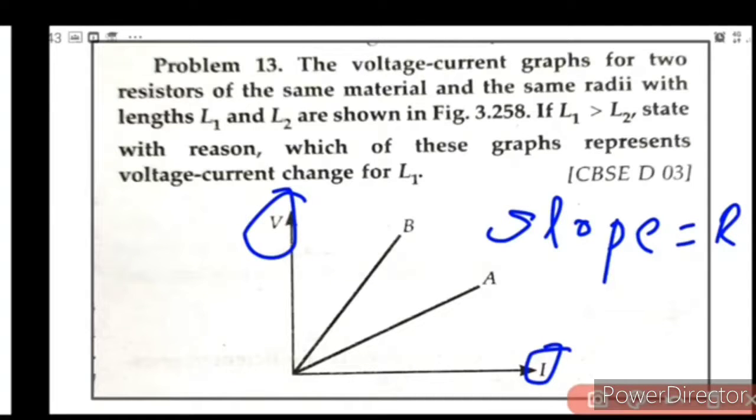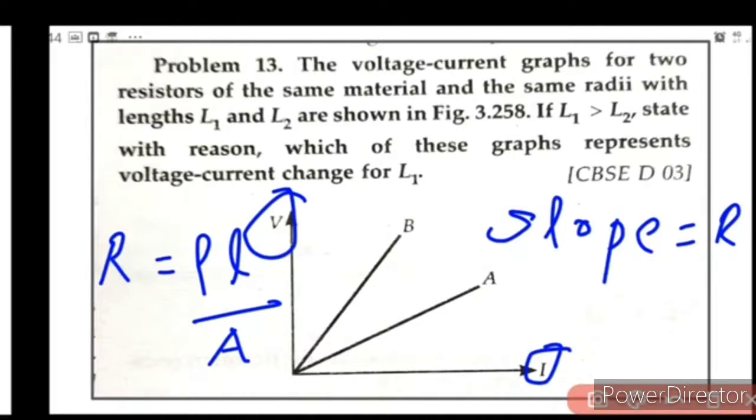Now it's given two resistors of the same material and same radii. Same radii means the same area of cross-section, the same thickness. Only the lengths are different. You know R is equal to rho L by A. In these two resistors, rho and A are the same. The only difference is L, and R is directly proportional to length.